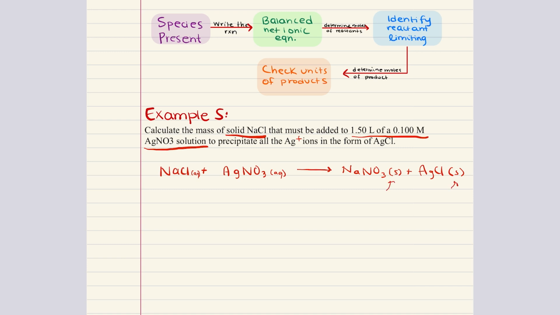Now, from our practice with net ionic equations, what we'll realize if we write the complete ionic equation and then try to write the net ionic equation, they're going to be exactly the same. Because on the reactant side, we have 2 soluble reactants for which we can write in ions, like so.